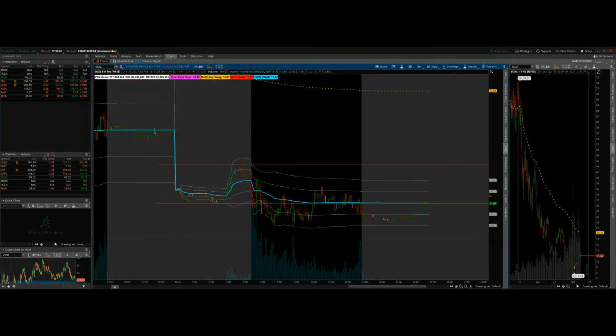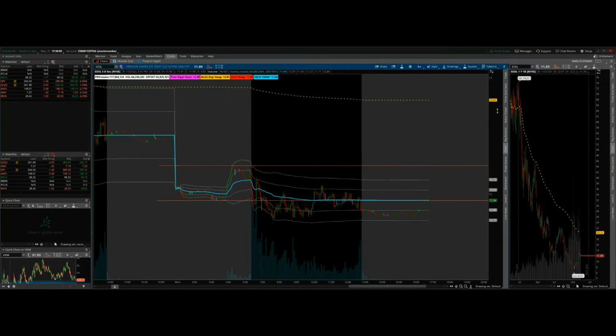But if we were using pre-market to actually look at something like this, then we would definitely want to map out that high, this low. We want to take a look at this. That would create a new range for us.